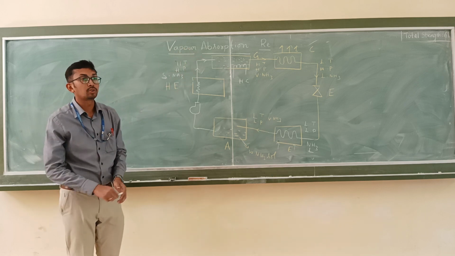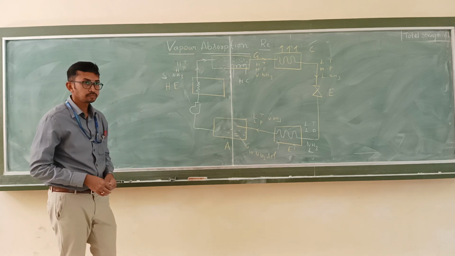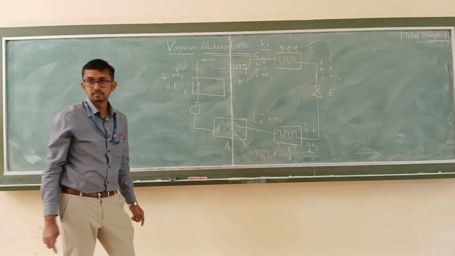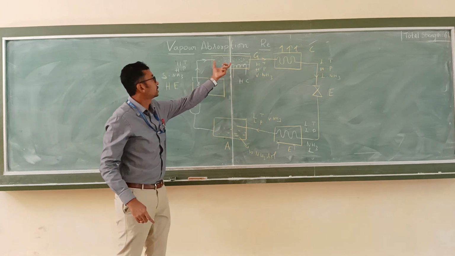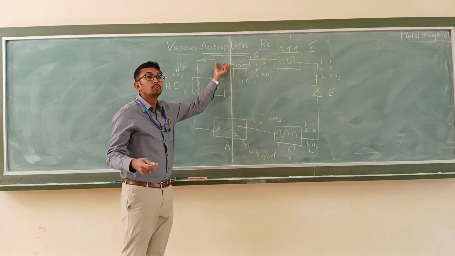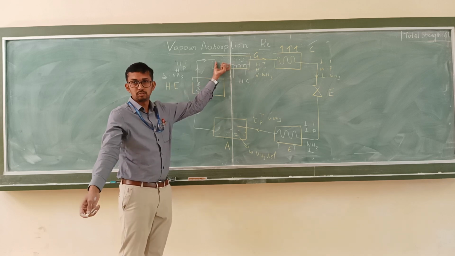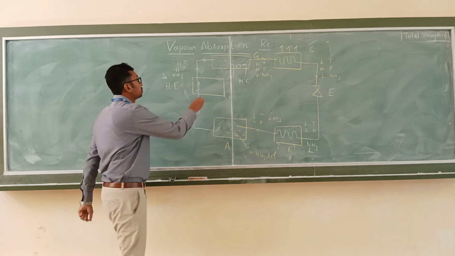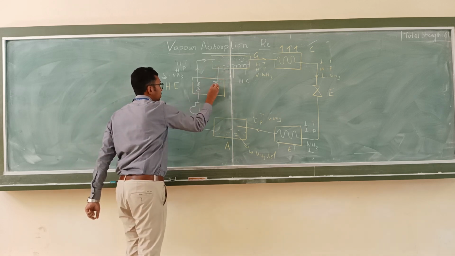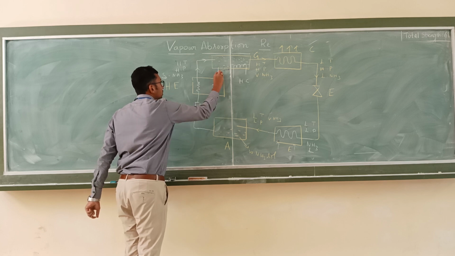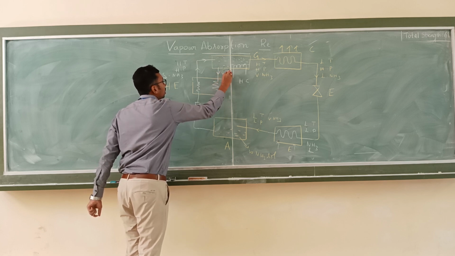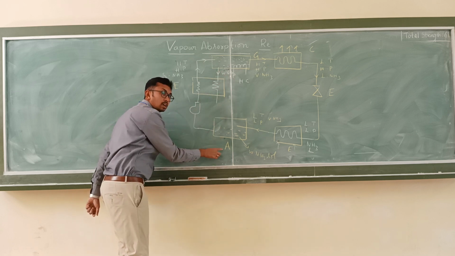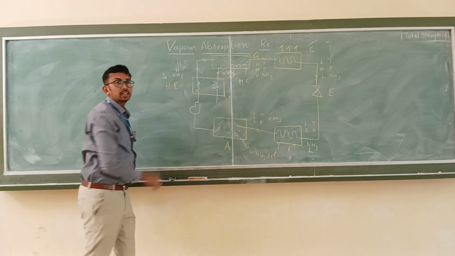One more thing you have to mention here is that the vapors of ammonia are generated, right? So we will be left with weak ammonia solution, and it will be very hot. That's why it is passed to the absorber through the heat exchanger.